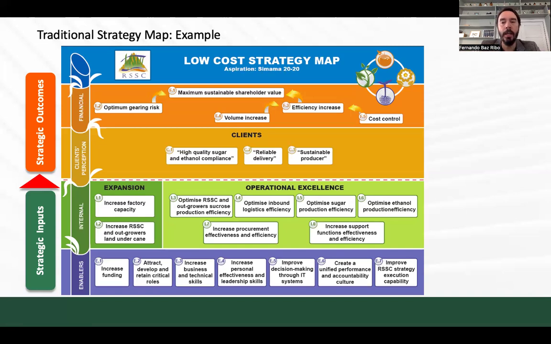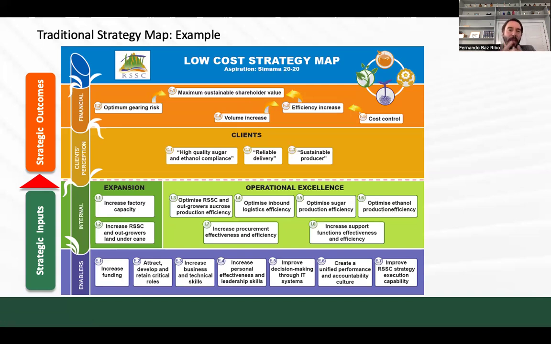And at the bottom, last but not least, you'll find all of the objectives related with your enablers, your strategic enablers. The idea of enablers is you can try to pull or push these levers as much as you want, but if the enablers are not achieved first, then you won't be able to generate the desired outcomes, right?